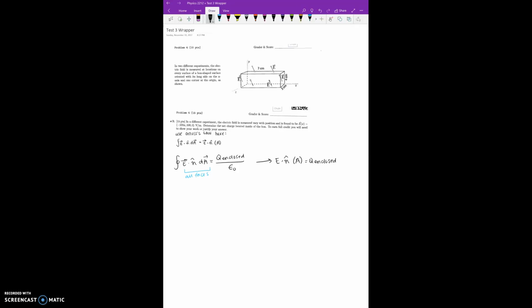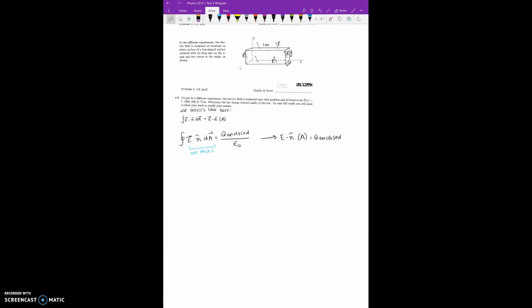So now that we have this, we're going to start with the left side. Here we know for the left side, we know it's going to be equal to dA.